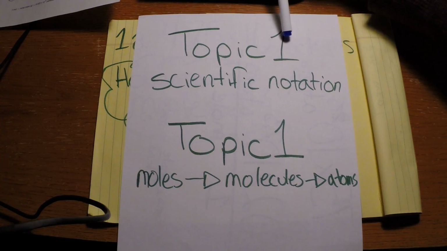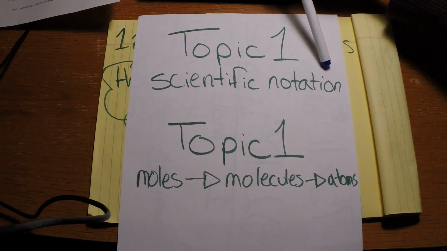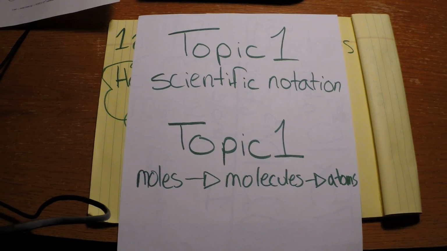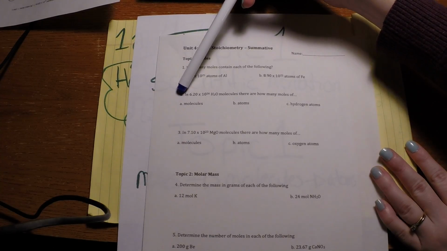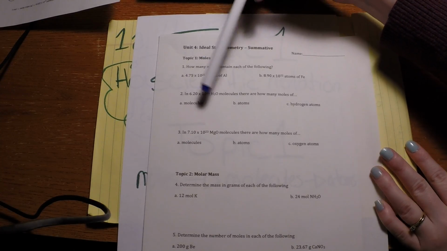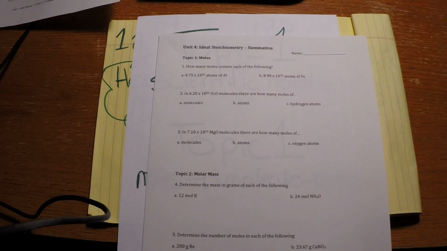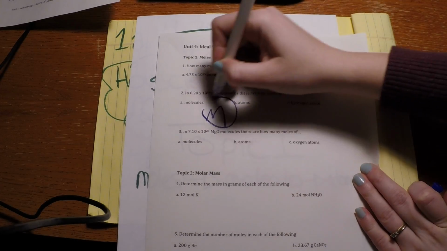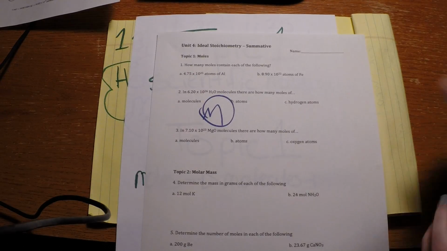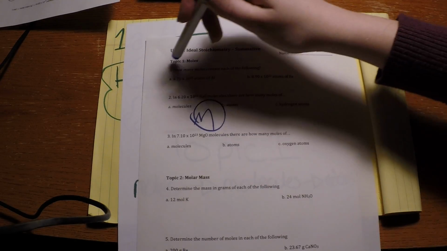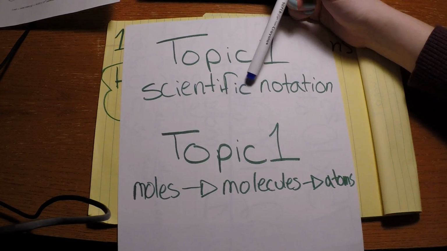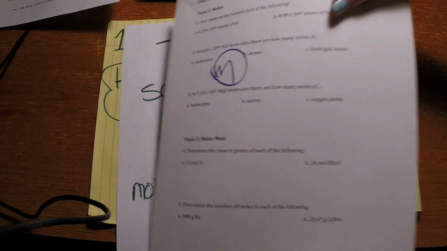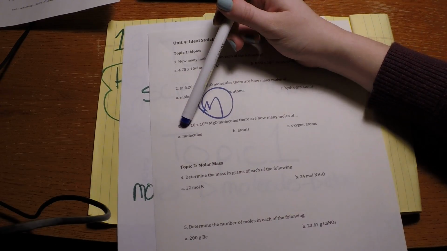So, topic 1, we covered scientific notation in the first video. If you are looking at your paper and you see that you have numbers 1 and 2 marked incorrect, but they have an M, like M circle, written by all or nearly all of these answers in 1 and 2, that indicates that what you did wrong was scientific notation, especially if you got number 3 right.